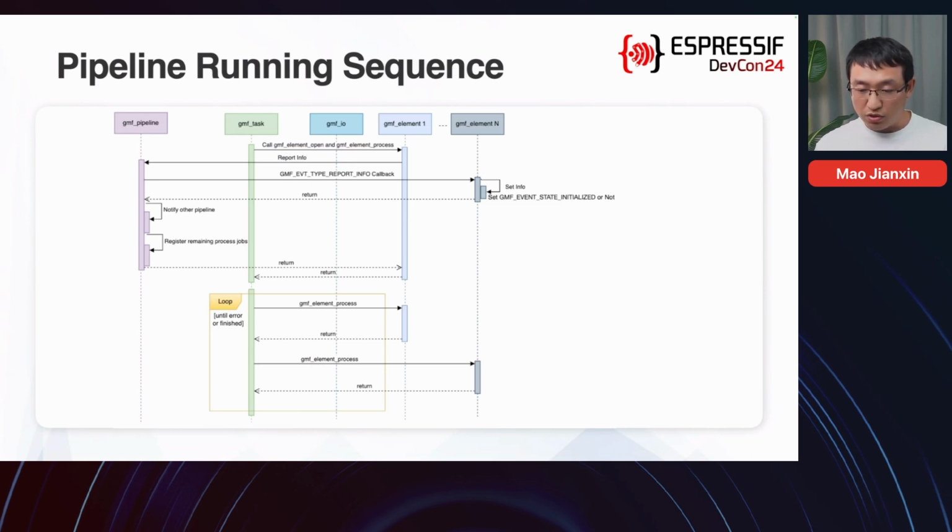If the event meets the operation requirements of an element, the element state will switch to initialized, ensuring that the elements will be added to the work list during the pipeline's later loading phase. Once all element tasks are added to the work list, the pipeline continues to run in a loop.